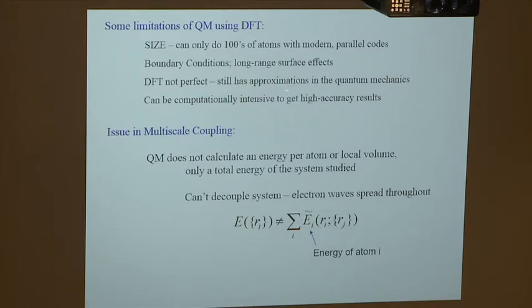So it can be computationally intensive to get high accuracy. Quantum mechanics is something to be done when you really have questions about chemistry, and it's also a little bit tricky because quantum mechanics calculates an energy of the total system. You cannot look at a part of the system and say the energy of this part is X and the energy of this part is Y.